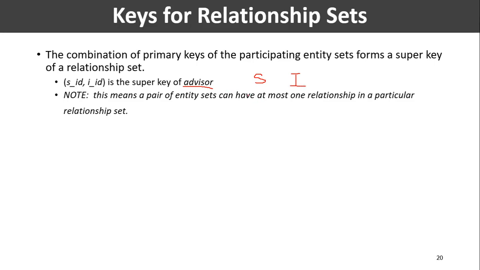Now if we consider this relationship set advisor, and want to find the super key for it, then what we can do is take the combination of the primary key of the student and the primary key of the instructor entity set.